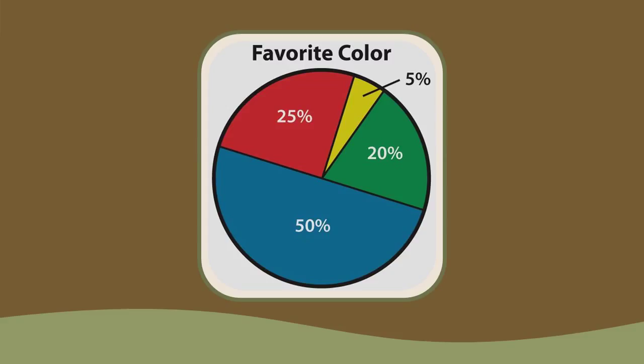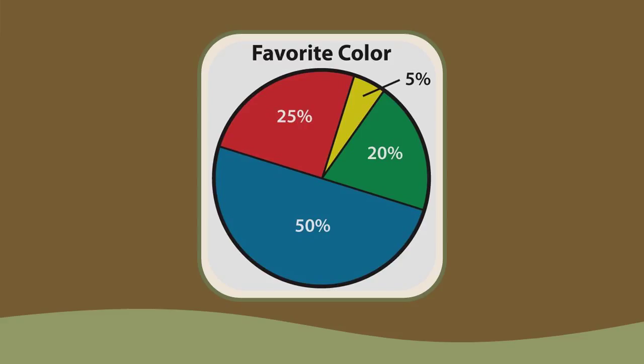Now, just to wrap up, I want to show you a couple of quick pictures. This circle graph shows you different percents that all total up to 100. I'm showing you this just to remind you that when we're talking about percents, we are talking about out of 100.